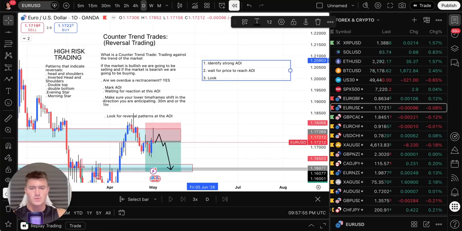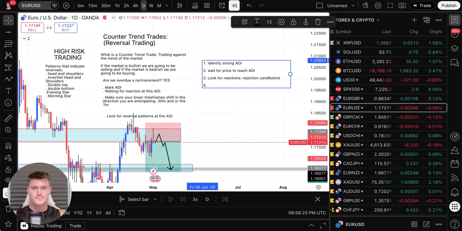Three, look for reaction, which is your rejection candlesticks. I'm just going to say rejection candlesticks, typically on the one.